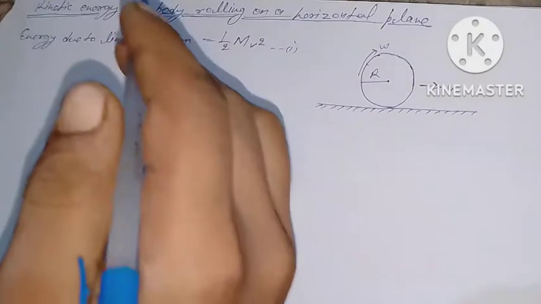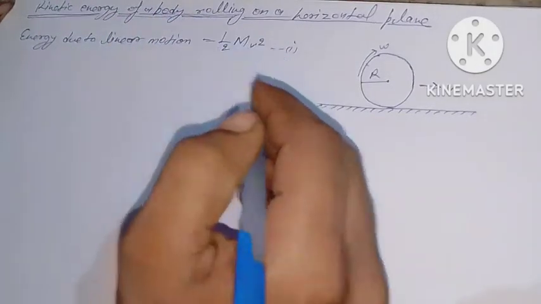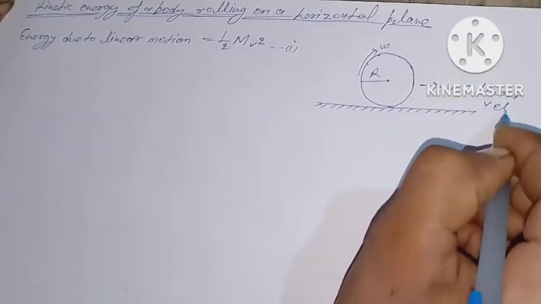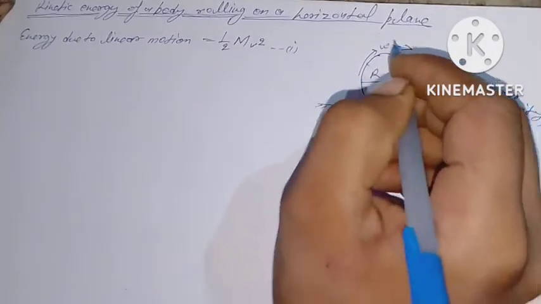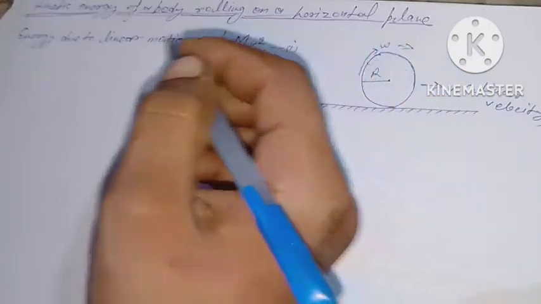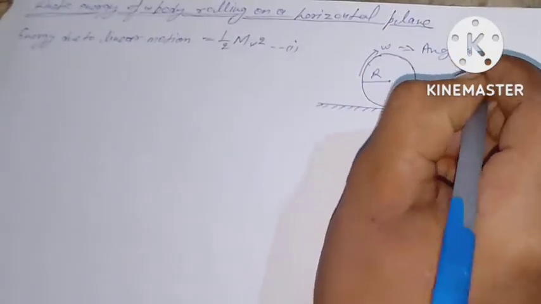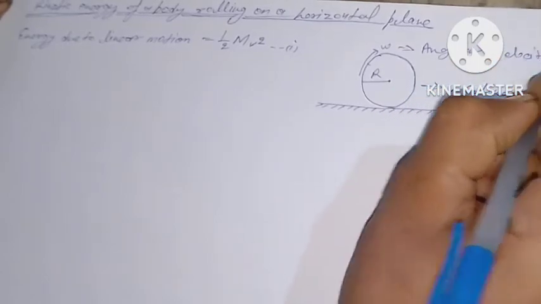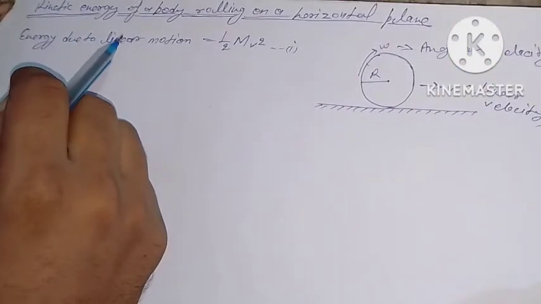This is equation number first, where capital M is the mass of the spherical ball and small b is the linear velocity, and omega is the angular velocity.